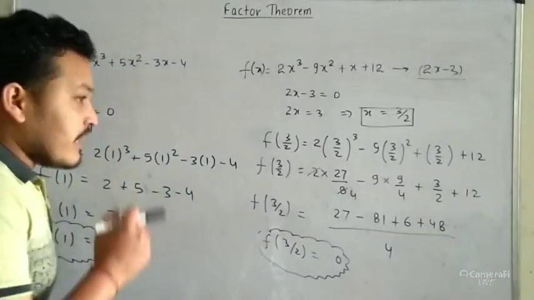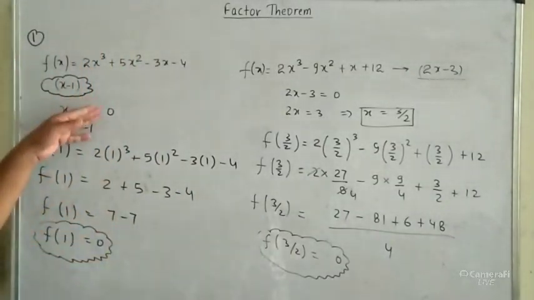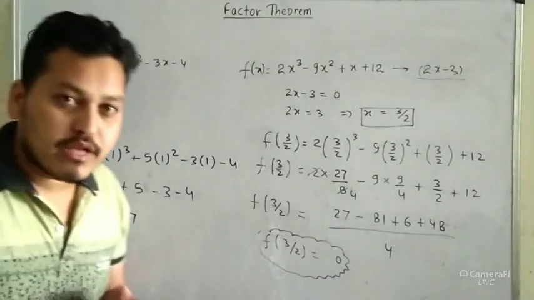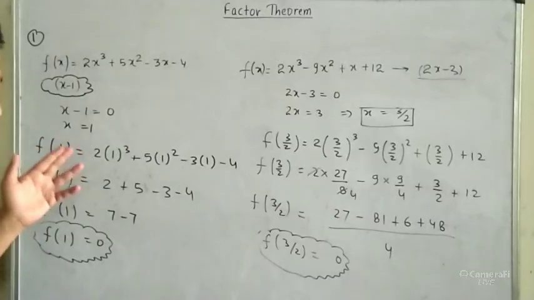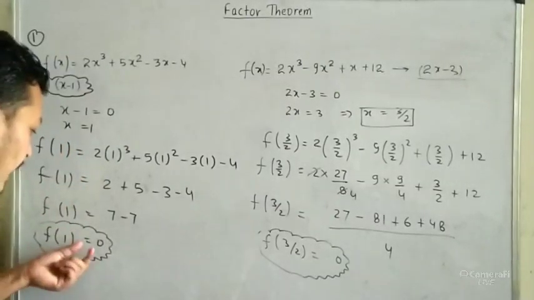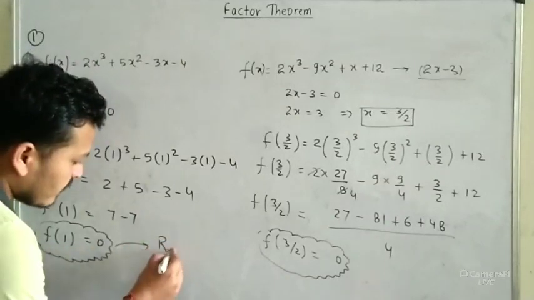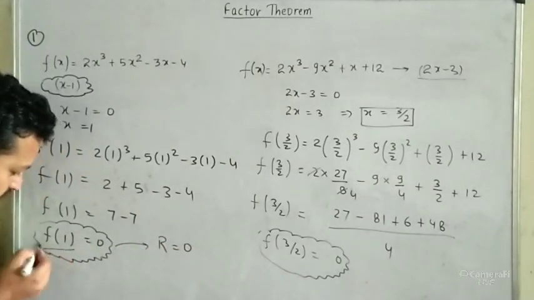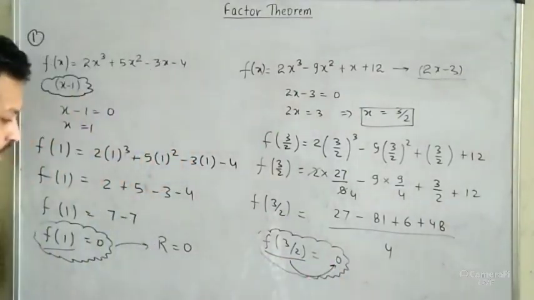So the condition of the factor theorem is: when we substitute the value of x in the given polynomial, if the remainder is 0, this is known as the factor theorem. Yesterday I told you this part denotes the value of the remainder. So in both cases the remainder is equal to 0.